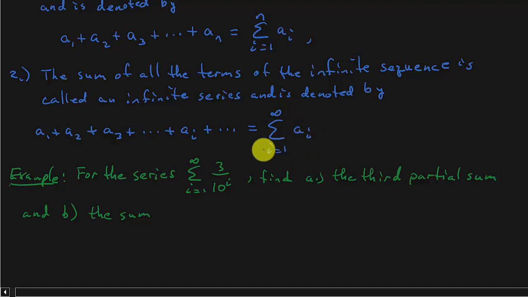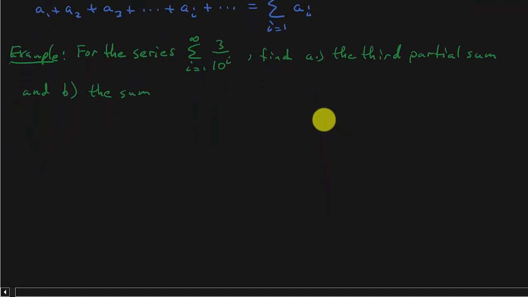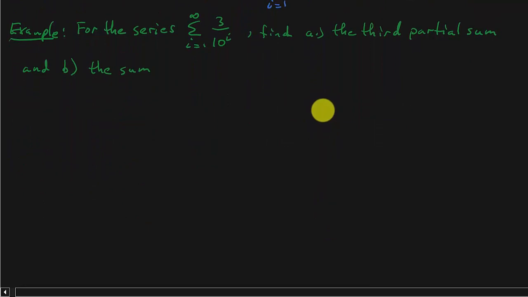So let's look at a couple examples. It says for the series, the sum i equals 1 to infinity of 3 over 10 raised to the i, find the third partial sum and then the sum. So the third partial sum, that's going to go from i equals 1 to 3.